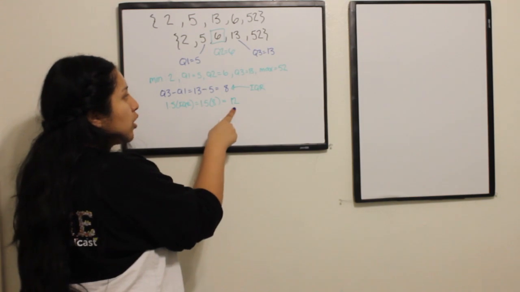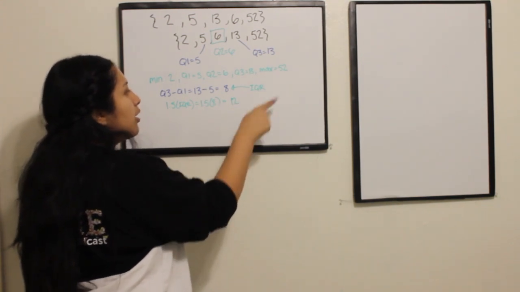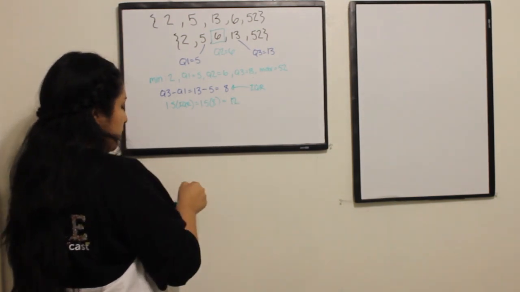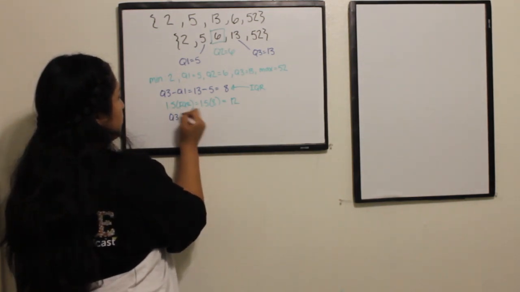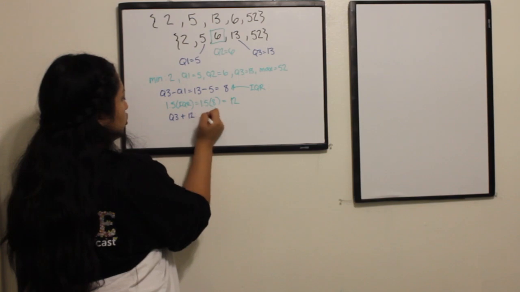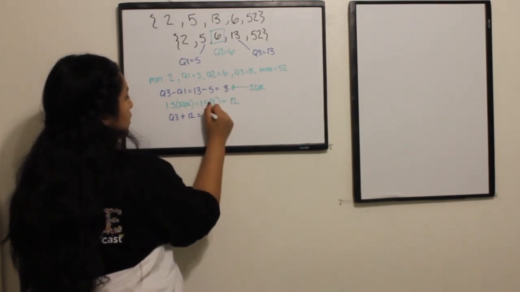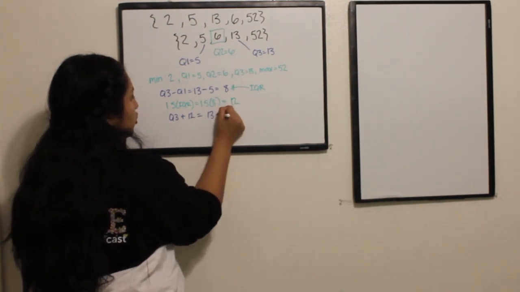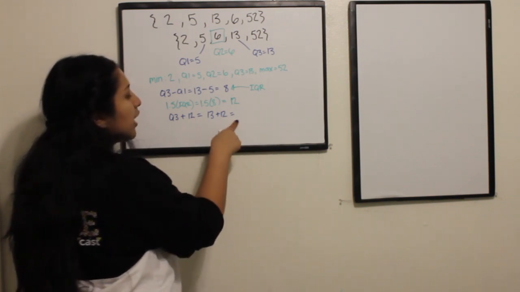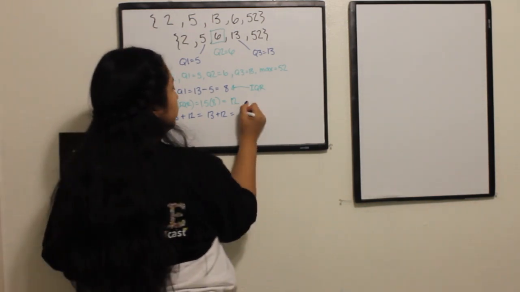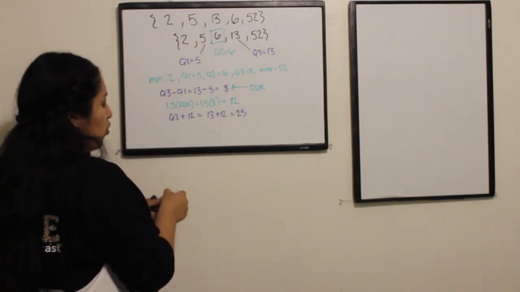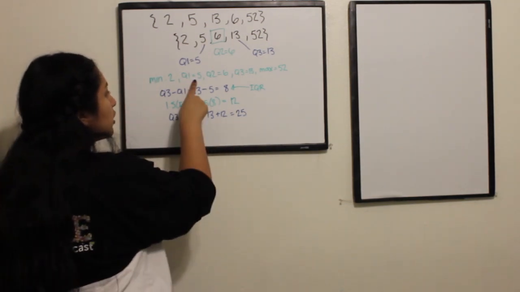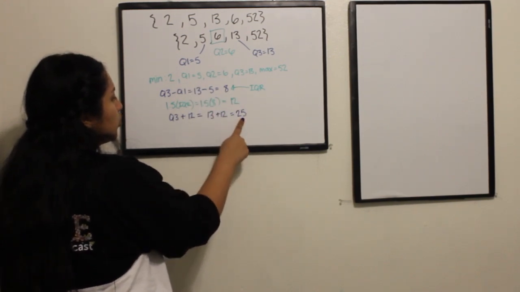After we find our 12, we're going to add this number to our quartile 3. So we're going to do quartile 3 plus 12. Quartile 3 is 13 plus 12. So now we see we have 25. And now what we're going to do is our quartile 1 minus 12.